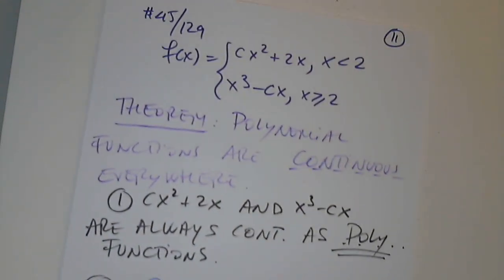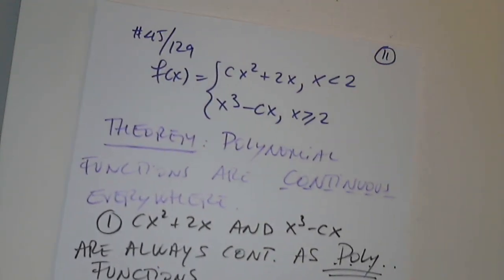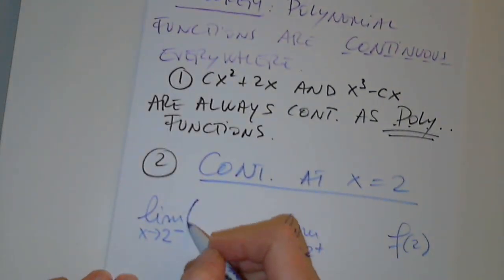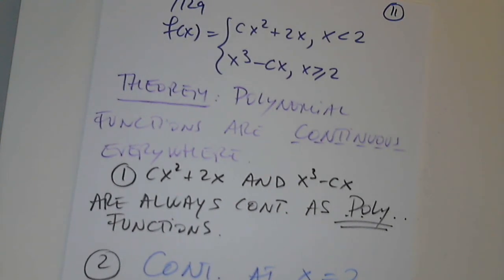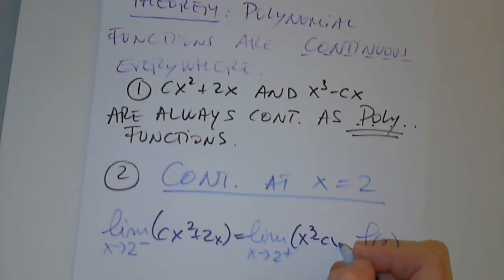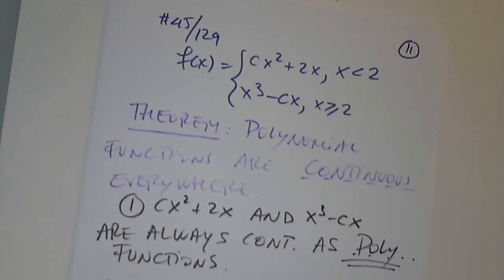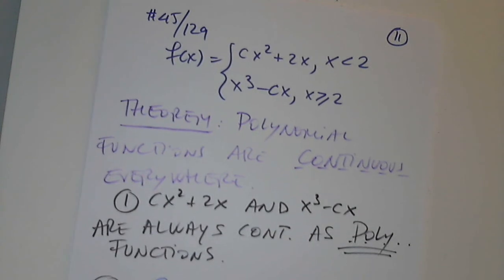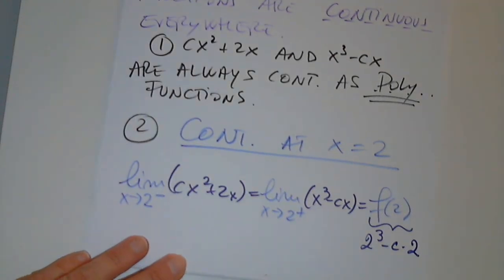Which branch? Cx squared plus 2x must equal, and what do I write here? X cubed minus cx. Which one? Top or bottom branch? Bottom. Excellent. So this will be 2 to the third minus c times 2.